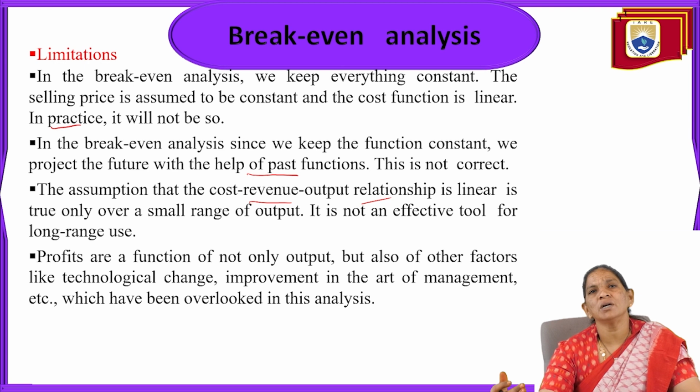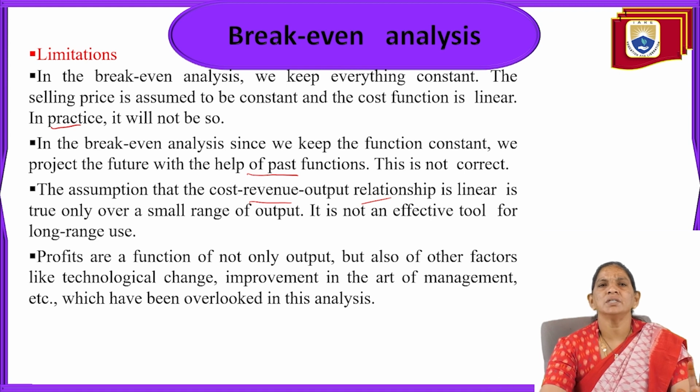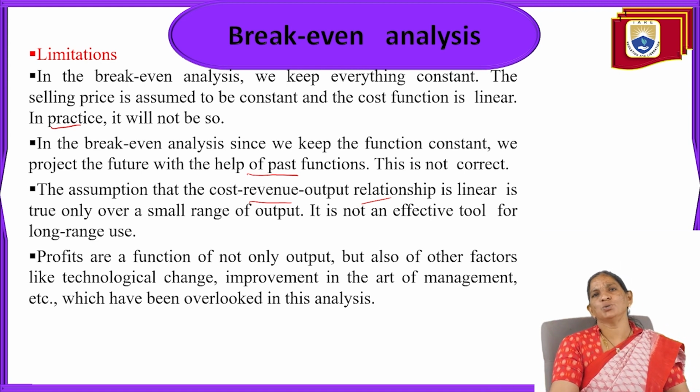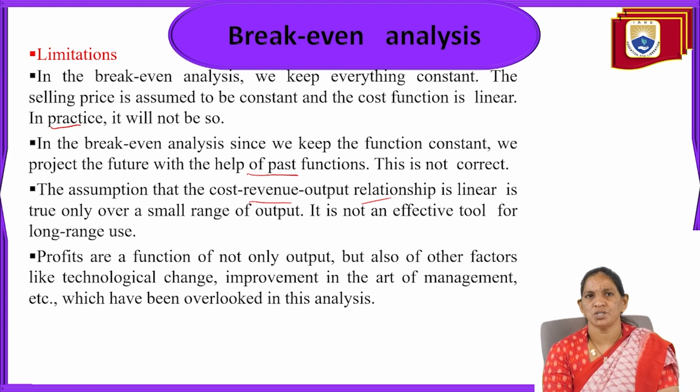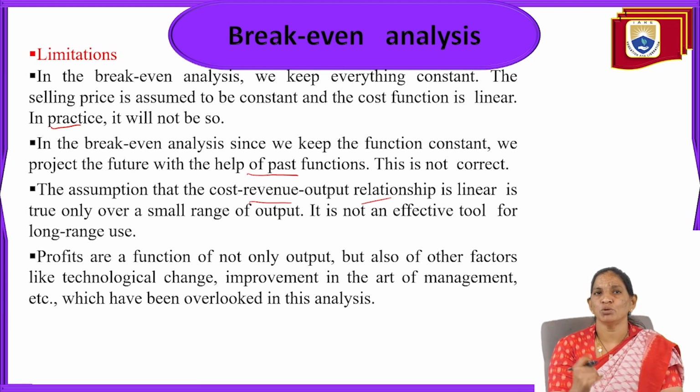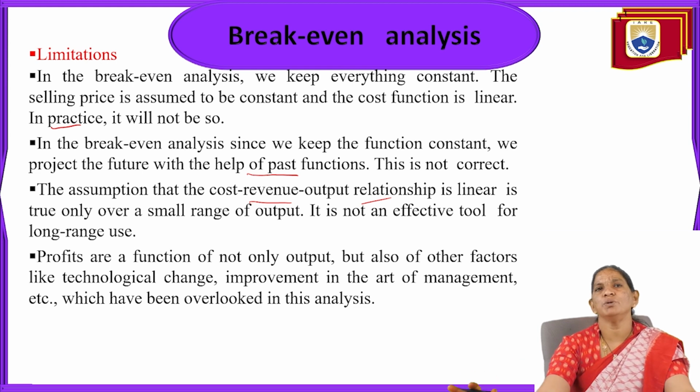Why? Because when I am formulating the plan of profit, everything is quite normal. But after that, due to external or internal changes, the total factors will change. Technology, we can't say when it will change. Management decisions, when the managers will say yes or no, labor problems, a number of things will be involved.